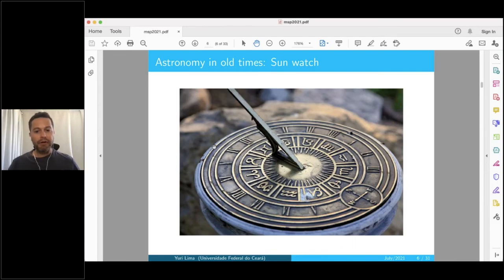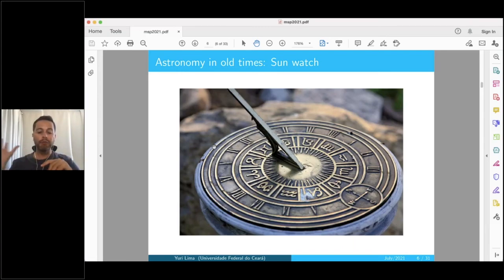And this would be very good, for example, if you were working in agriculture and you needed to take a break in order to have lunch. So by applying the sun watch, and what is the sun watch? It's just a piece of plain stone, and then you have this stick here, and depending on the position of the sun, you have a shadow on this piece of stone, and the shadow gives you an idea of what time of the day it is.